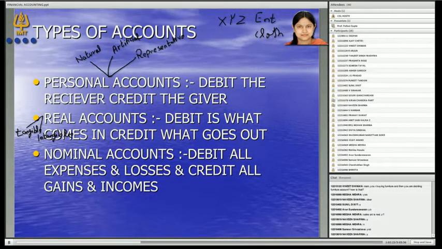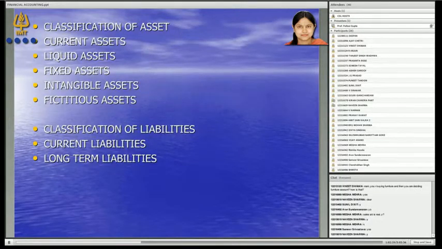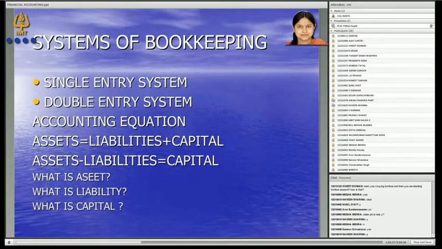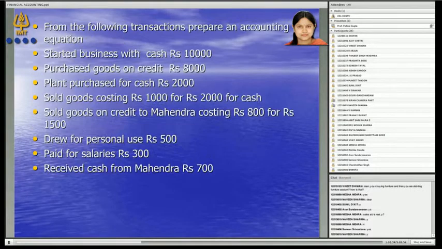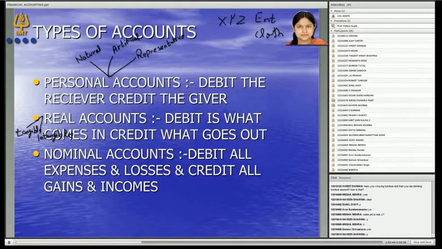Next entry, received from Arvind rupees 3960 in full settlement. You have received 3960 in full settlement from Arvind. Who is Arvind?